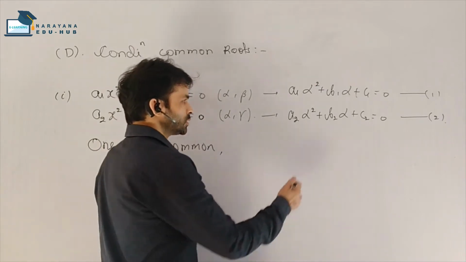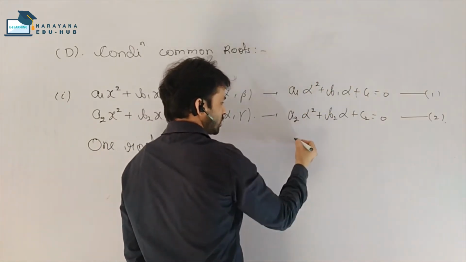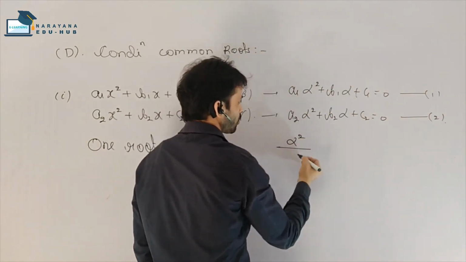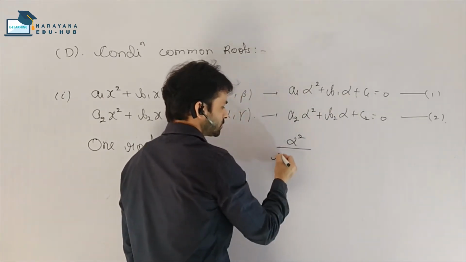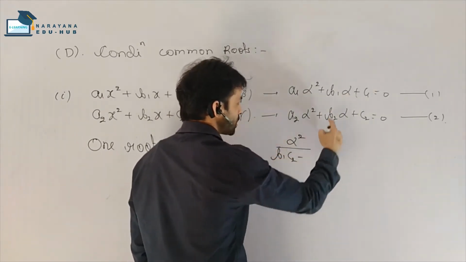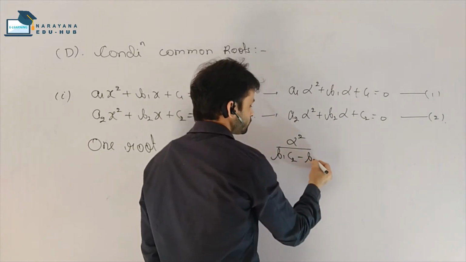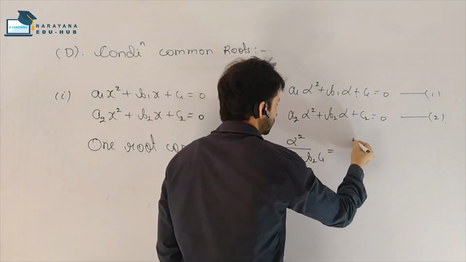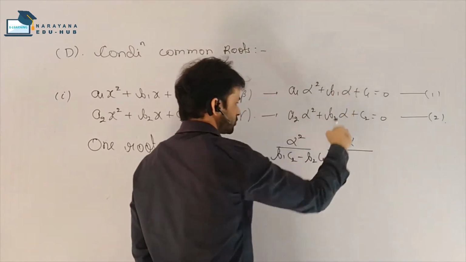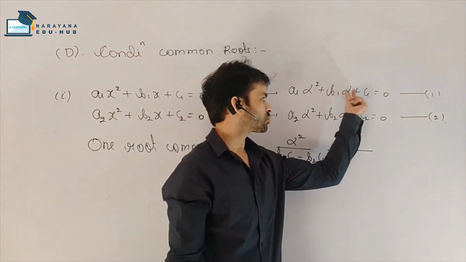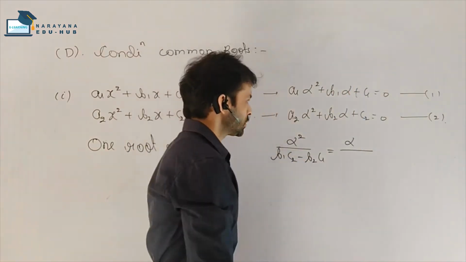Cramer's rule. So in place of x you have alpha square by b1 c2 minus b2 c1, is equal to alpha by, you write y, so y is alpha here.